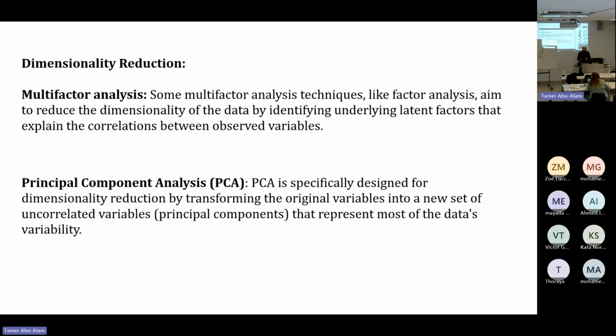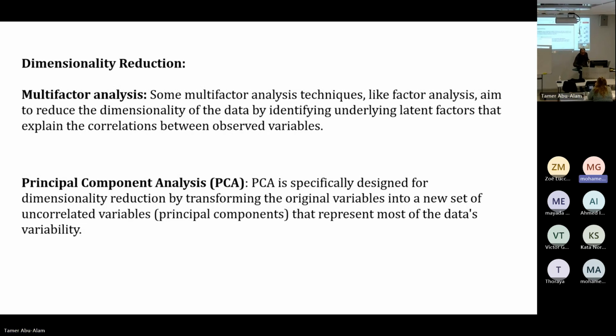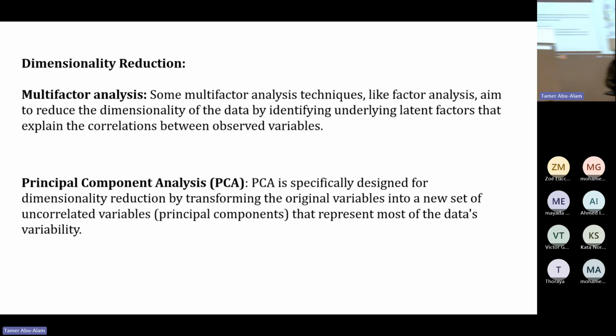So if we have two variables, this means that we have two principal components. Any suggestion? I will try to zoom in for the people online.